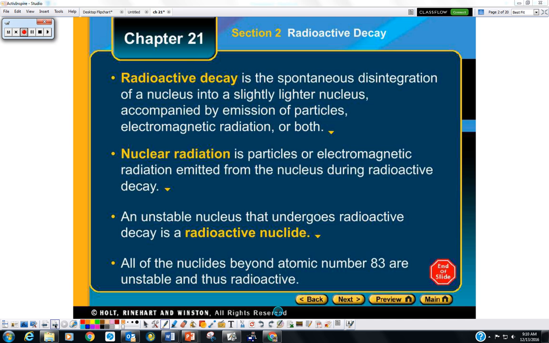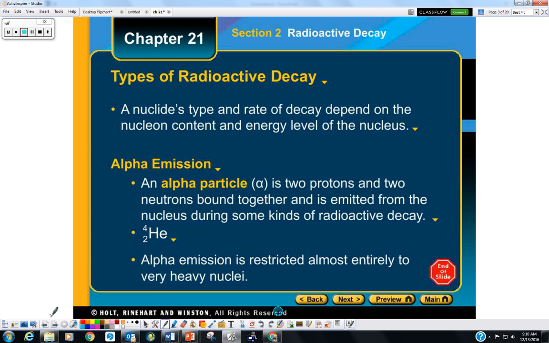All right, so let's move forward into what we really want to get into today. The types of radioactive decay. A nuclide's type and rate of decay depends on the nucleon content and energy level of the nucleus.